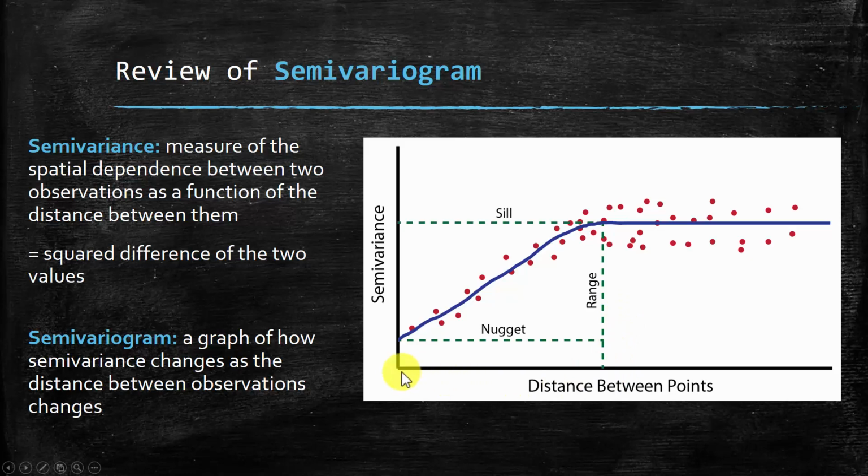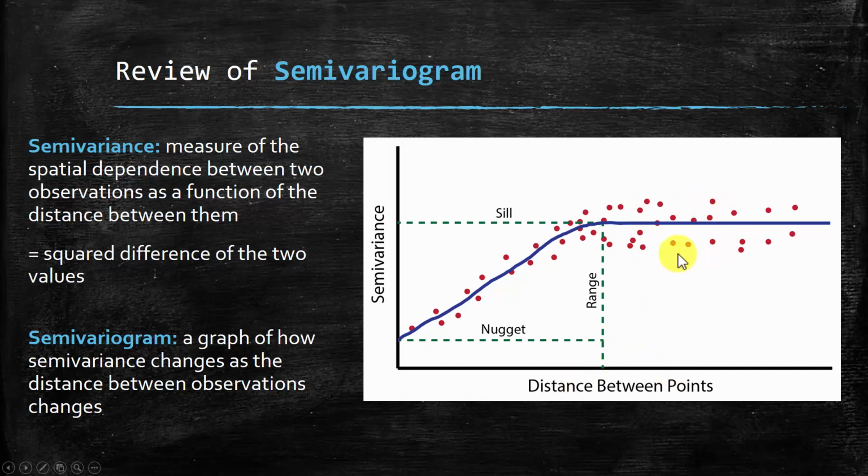So in a semivariogram, again, the x-axis represents the distance between two points or measurements, and the semivariance is a measure of basically how different they are. So near features tend to be more similar, so they have a low semivariance. Features that are further away tend to be more different, so they have a higher semivariance. Again, in this graph, the red dots represent not one measurement, but a measurement pair.